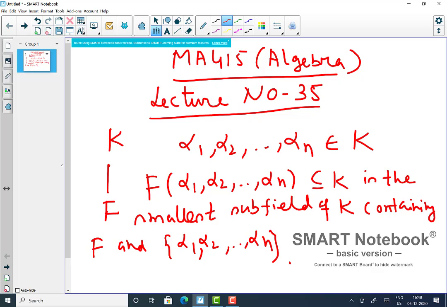This is the symbol I'm using, and the question is how do you know such a smallest subfield exists? Obviously you can use Zorn's lemma.